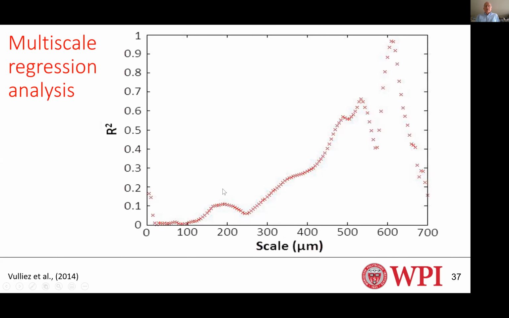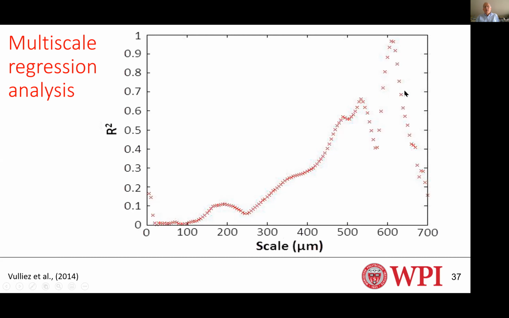So here's what this looks like, the multi-scale regression analysis results. Here are the R-squared values from a maximum of 1, and here are the scales, and you can see it changes regularly, and that the scale with the highest correlation coefficient is rather narrow.